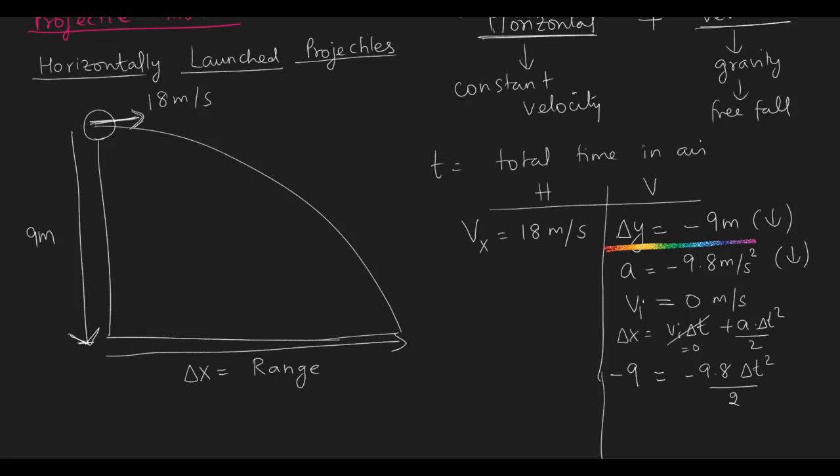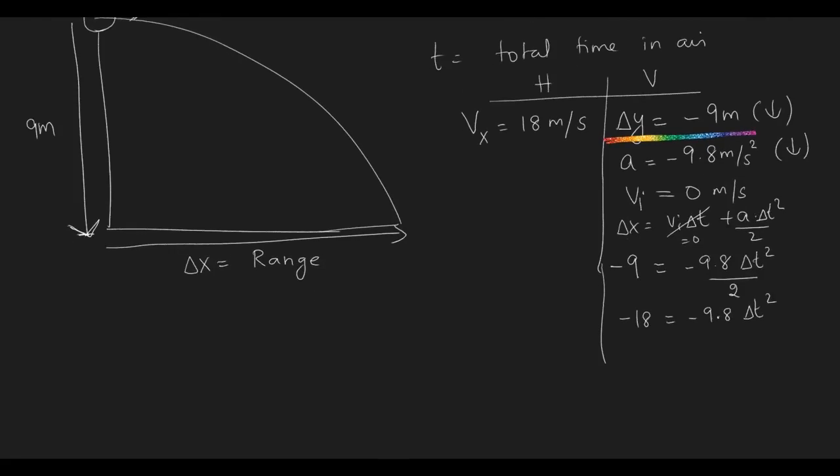So multiply both sides by 2, and you will get negative 18 equals negative 9.8 delta t squared. Divide by 9.8 and then square root it. You will get the value of time. So take a minute to complete the calculation.